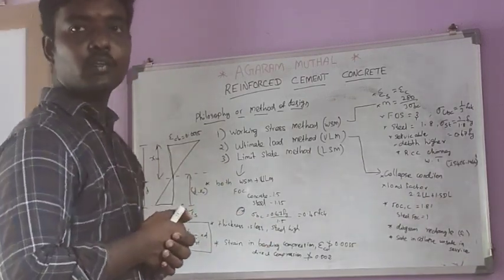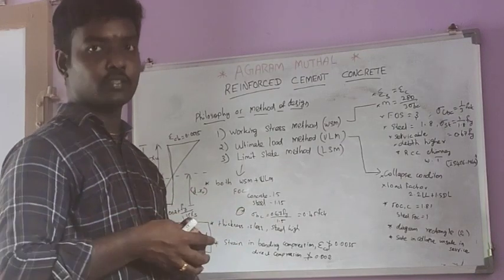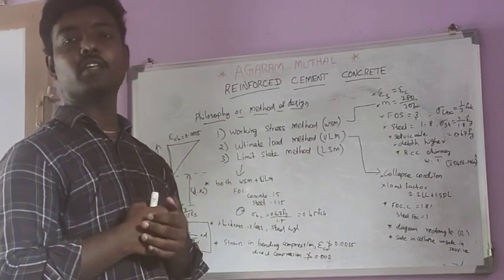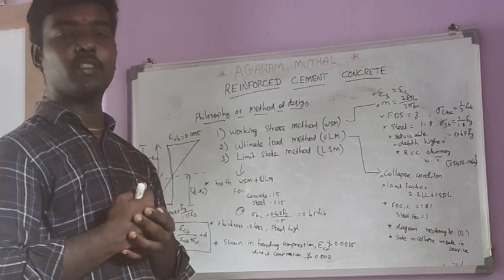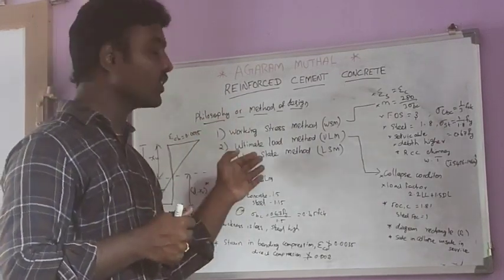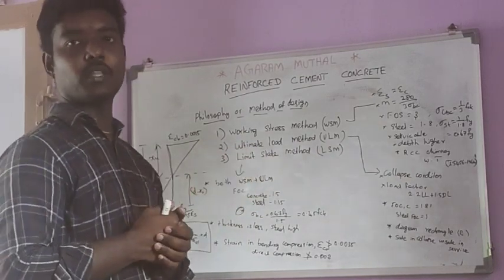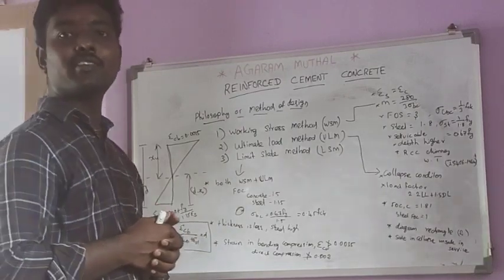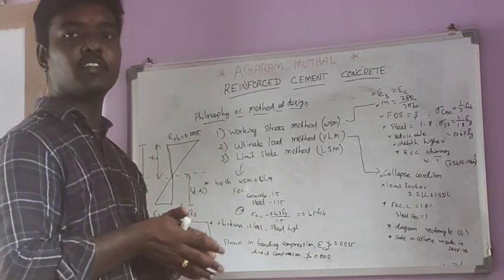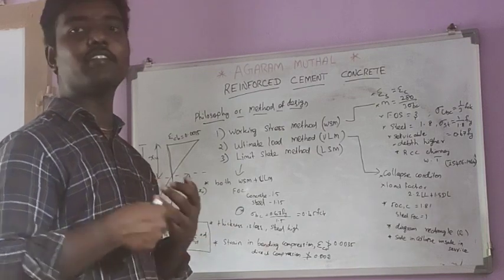And the third one, which is nowadays very much used in all sorts of structures, is the limit state method. IS 456:2000 is made for the limit state method. To some extent we can use it for the working stress method, but most of the things given in IS 456:2000 are for the limit state method. Here both the concepts of the working stress method and the ultimate load method are combined and given in the limit state method, so that it can bear both collapse load and service load.